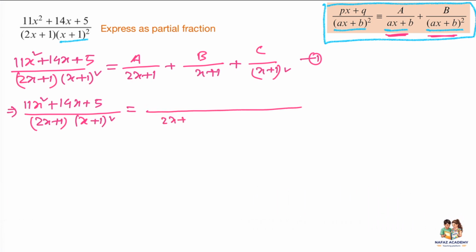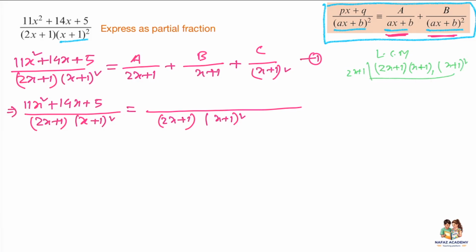LCM of the three fractional parts. Do you know how to take the LCM of multiple fractional values? Here I am showing you. At first write the denominator parts, 2x plus 1, x plus 1, and x plus 1 square.